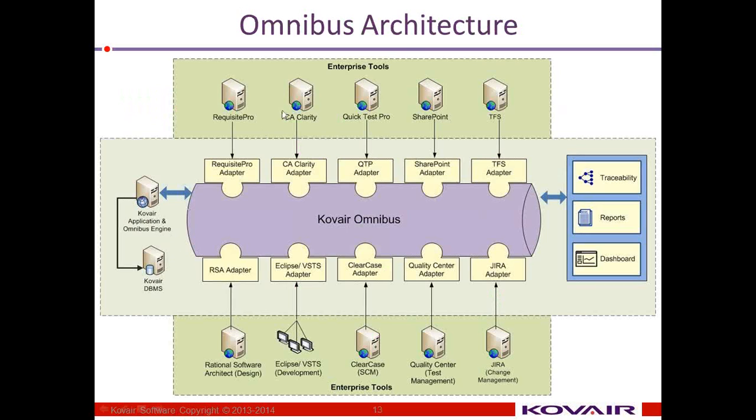This is an overview of the Omnibus architecture, where we have the different third-party tools that we often come across in our software development process, and all these tools are connected via adapters to the central Covea Omnibus platform.